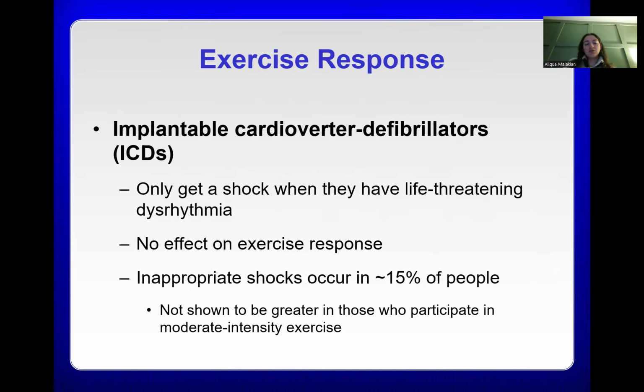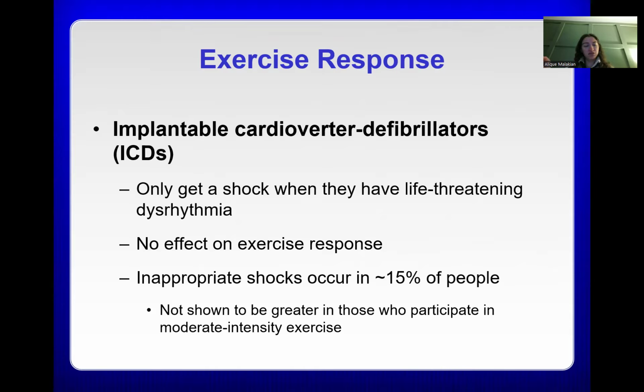Now, in terms of ICDs, these are implantable cardioverter defibrillators. Again, the book has some information about how these actually work. But for the scope of our class, the main thing that you need to know is that you wouldn't even know that the person has this, other than the fact that if they are having a life-threatening emergency, like a dysrhythmia or something, then it delivers a shock to them.